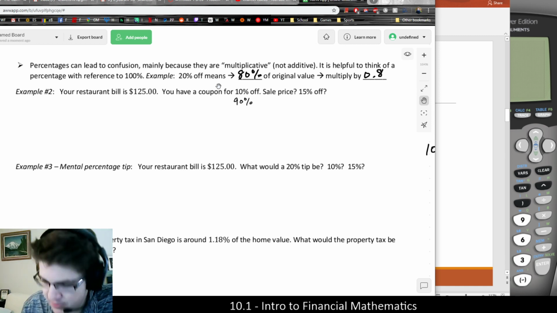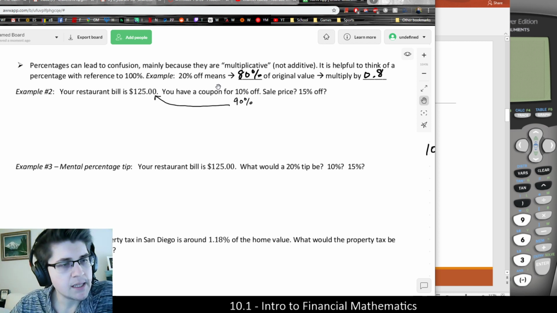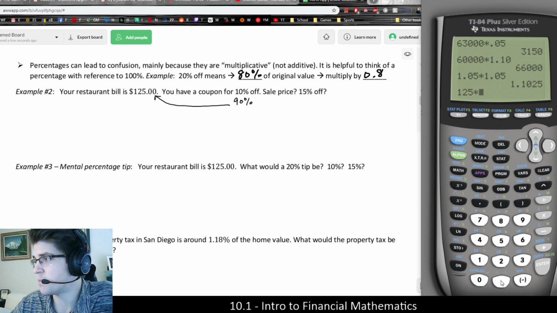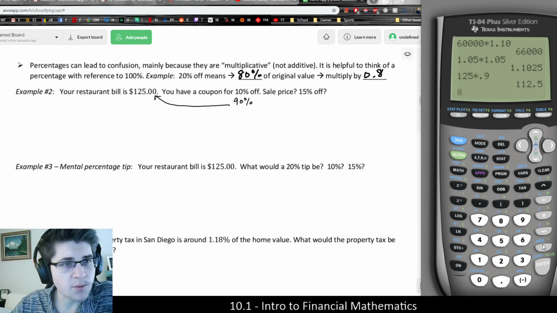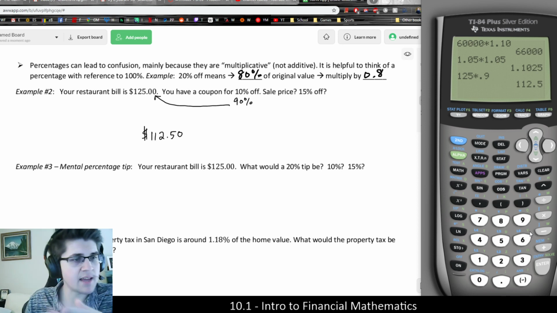My point is if I just take 90% and multiply by the original bill, we're going to get exactly the reduced cost. So 125 times 0.9 for 90% would leave me with $112.50. And notice it's one step and it's way easier.